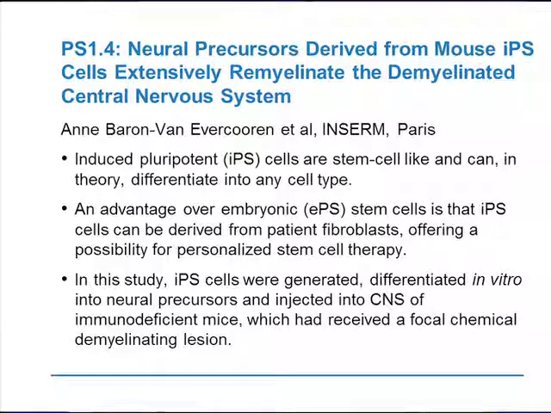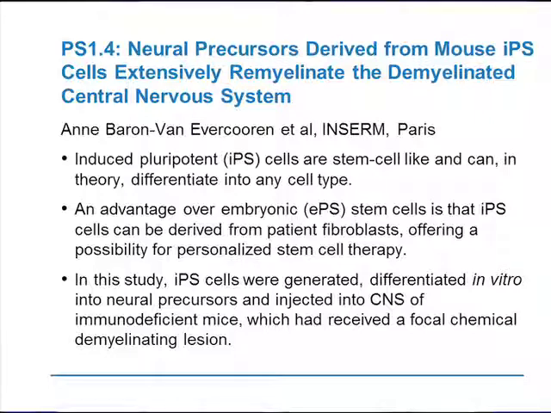This is an abstract called Neural Precursors Derived from Mouse iPS Cells Extensively Remyelinate the Demyelinated Central Nervous System. This comes from Anne Baron-Van Evercooren and her group at INSERM in Paris.